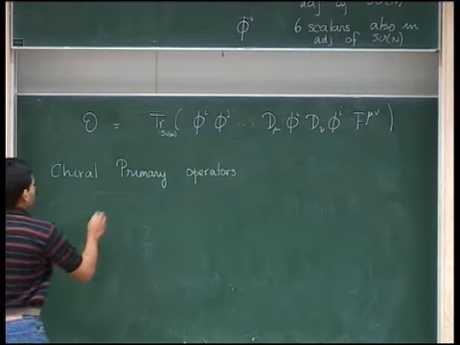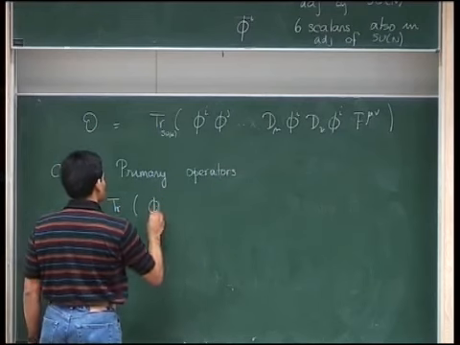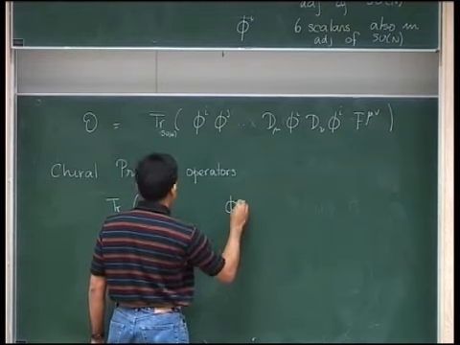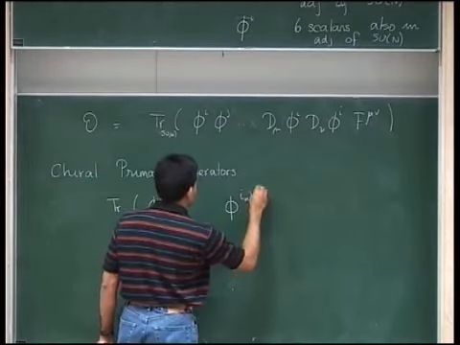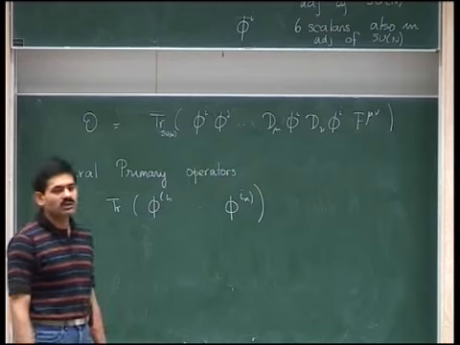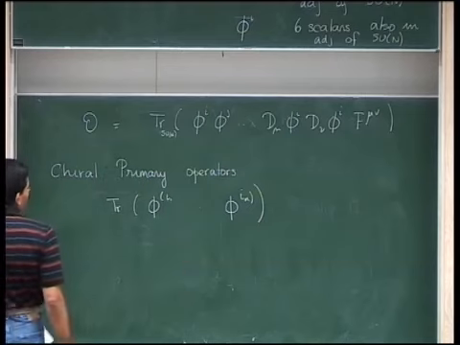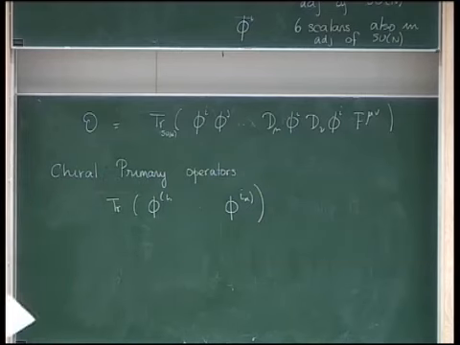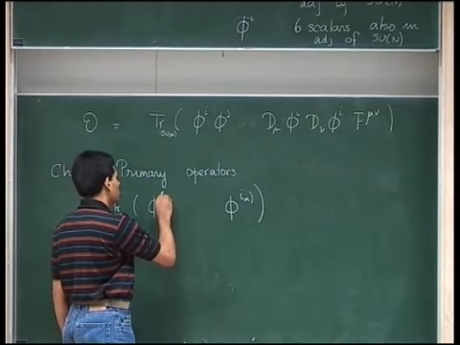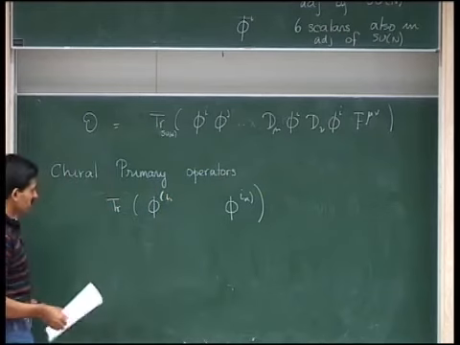So these are operators of the following form. They are made up only of the scalars, and what I have done here is I have indicated a particular symmetrization in my notation.